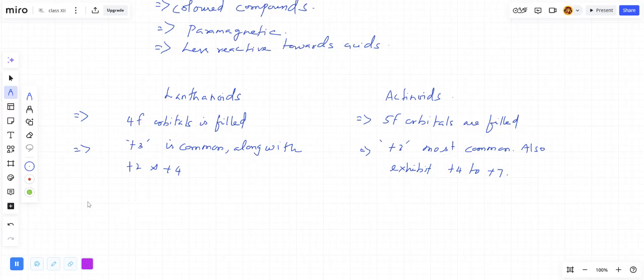The third difference: except promethium, all lanthanoids are non-radioactive, but here all actinoids are radioactive.